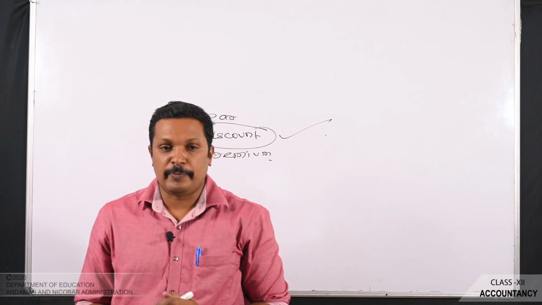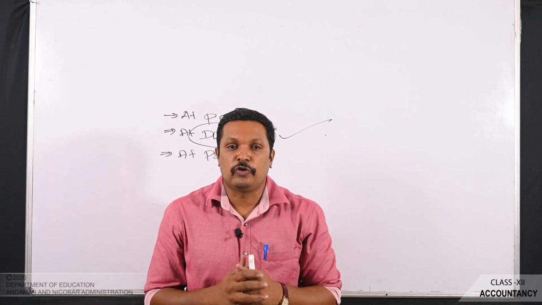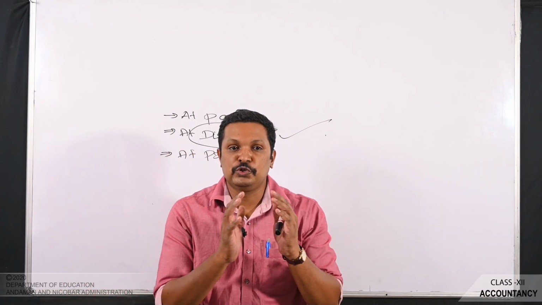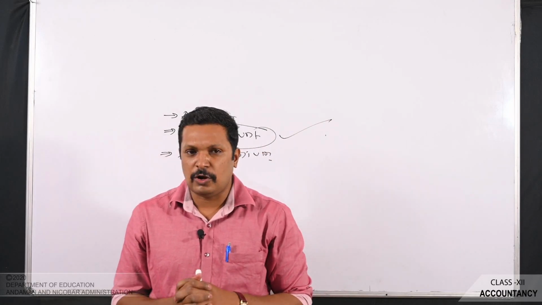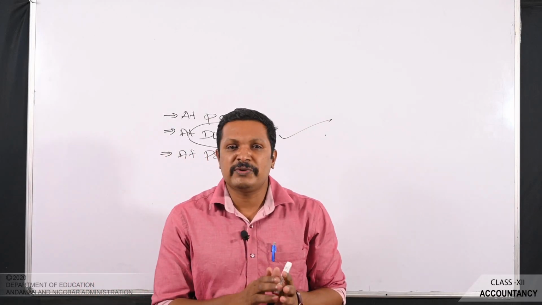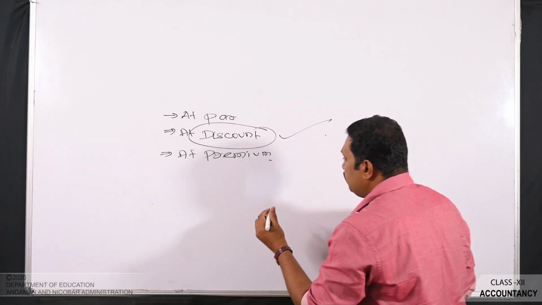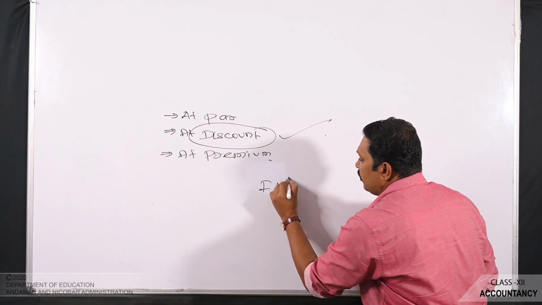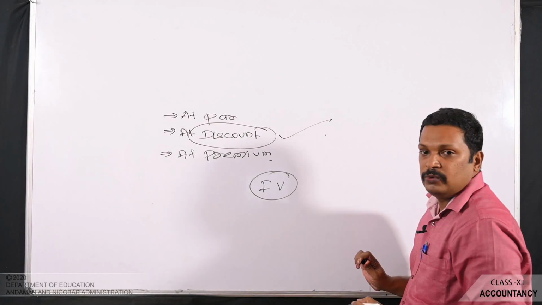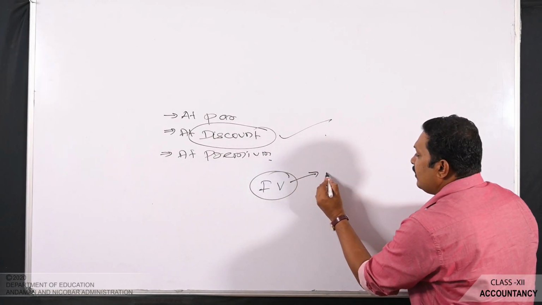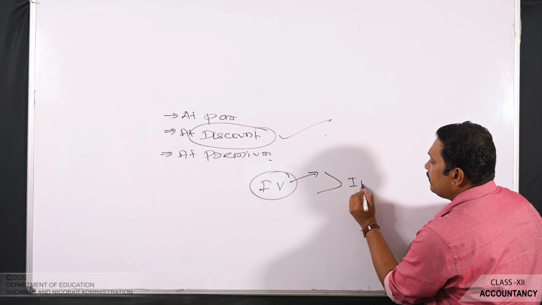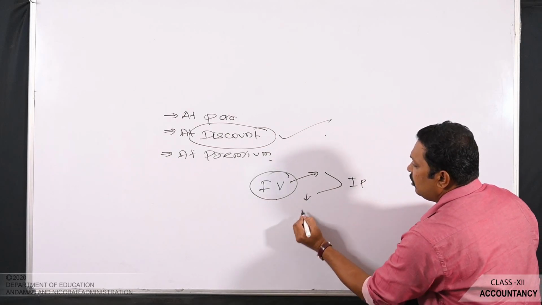What are the conditions we have to apply and what treatment we have to adopt when we issue debentures at discount? What is discount? When debentures are issued at a price below the face value, the nominal value. When the issue price is less than the face value, that is called discount.